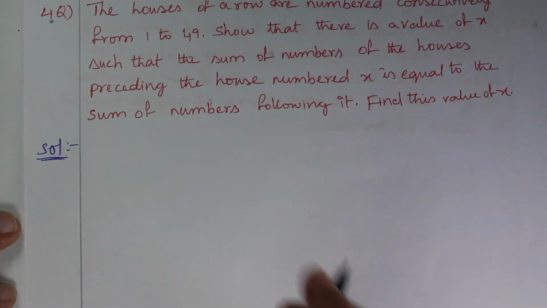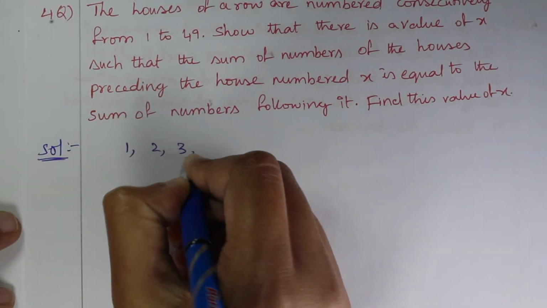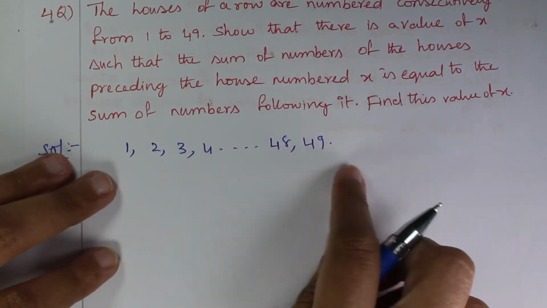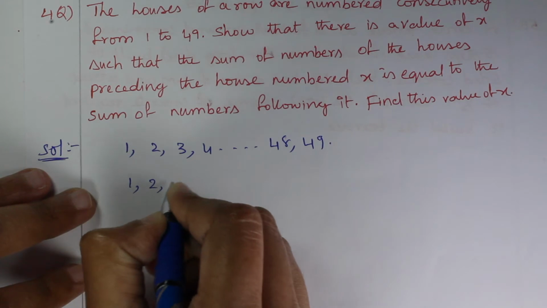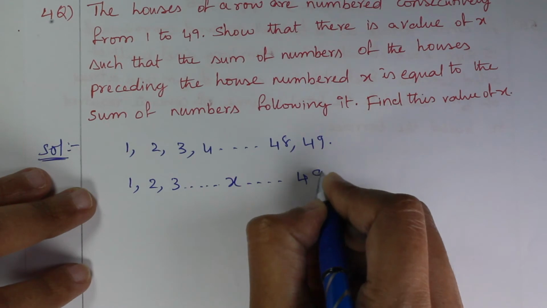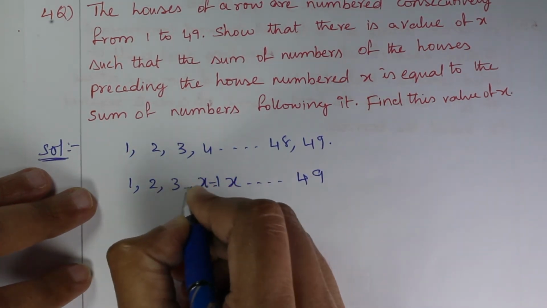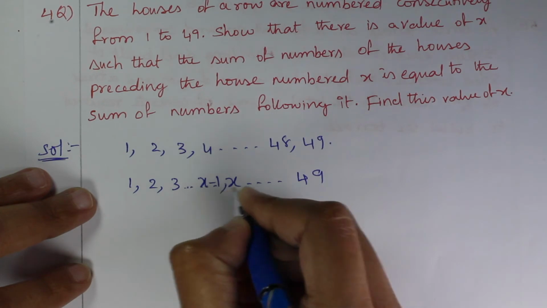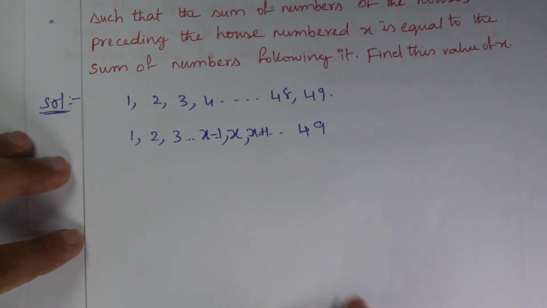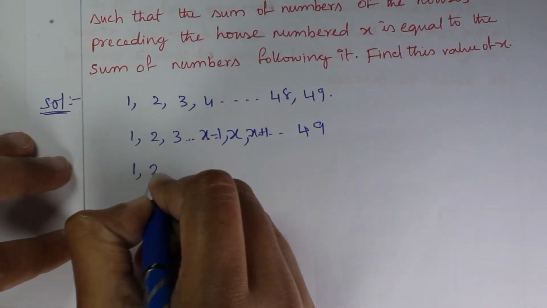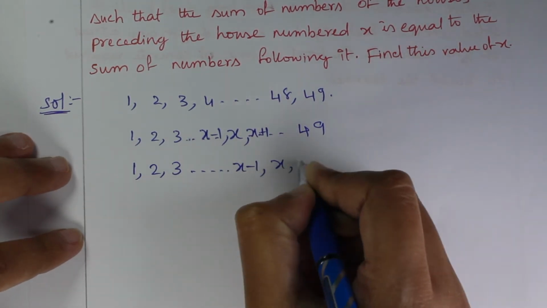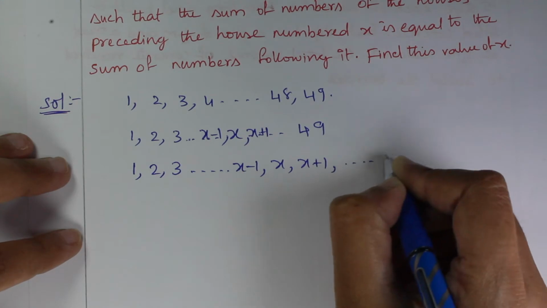So there are houses numbered from 1 to 49: 1, 2, 3, 4 and so on till 49. Now we have to find out x. The houses go 1, 2, 3 and so on till x minus 1, then x, then x plus 1 and so on till 49.